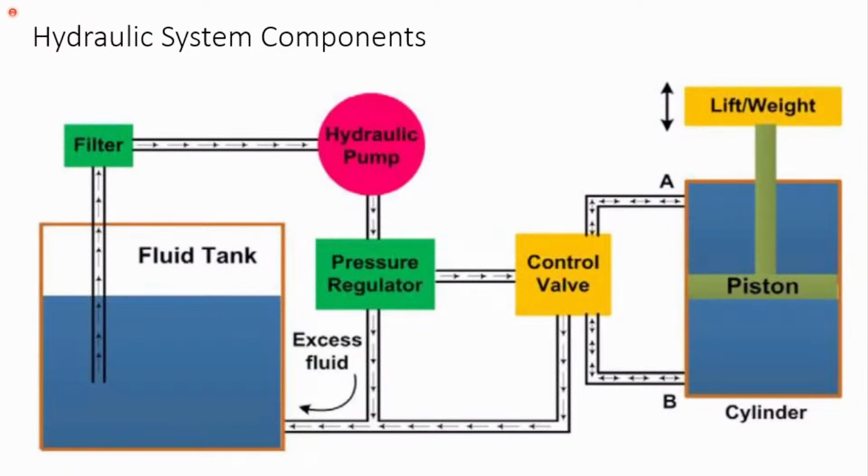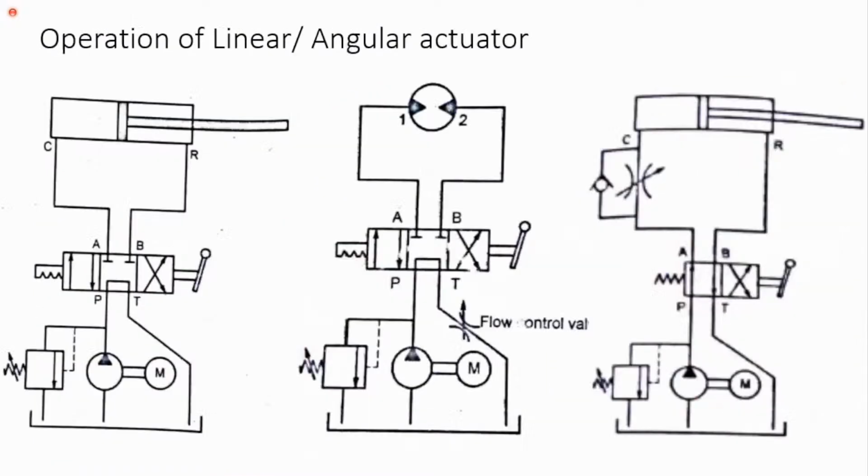And the angular actuators are nothing but the hydraulic motors, right? So basically, the actuator is the part which is connected to lift anything up or to provide force to our application. So quickly, let us just see some of the circuit diagrams.